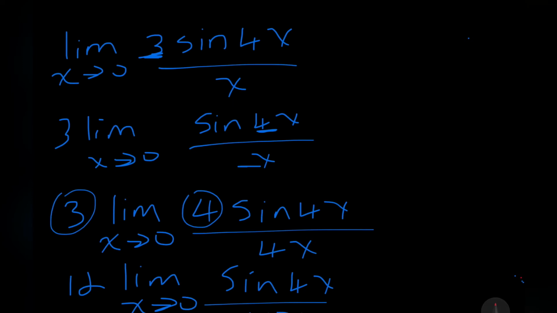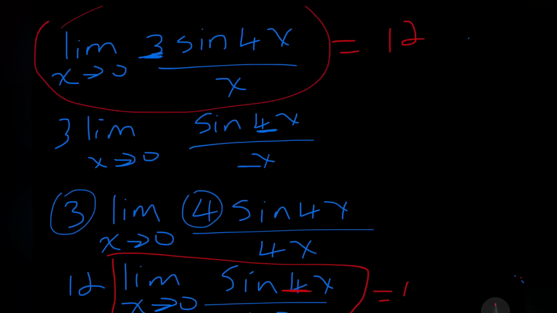From the past examples, since the coefficient of the denominator is the same as the coefficient in the sine function, this would be equal to 1. And 1 times 12 is equal to 12. So the limit of this function as x approaches 0 is equal to 12.